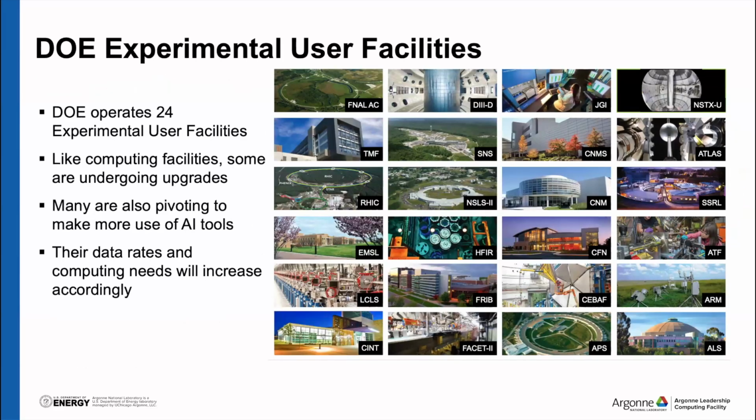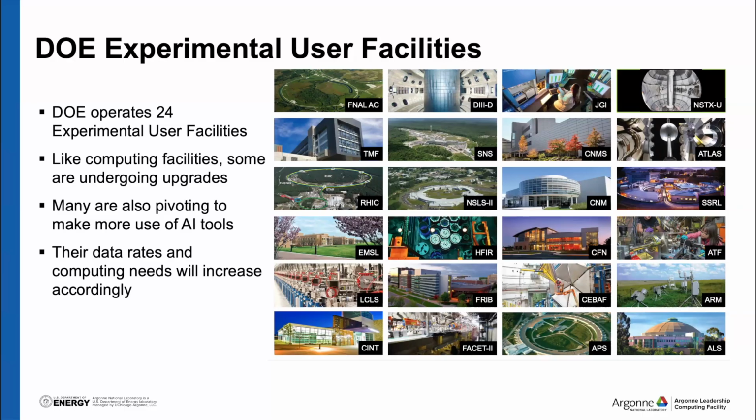So DOE has many user facilities. Those on this call may be familiar with the computational user facilities like the ALCF, but it also has 24 experimental user facilities.